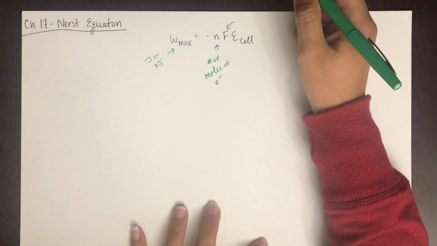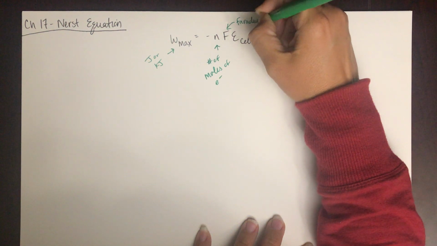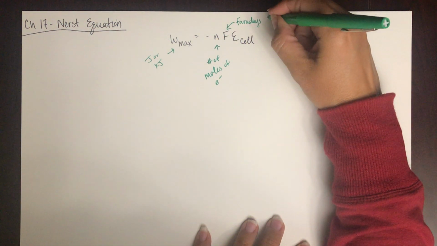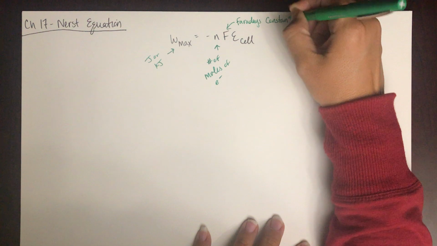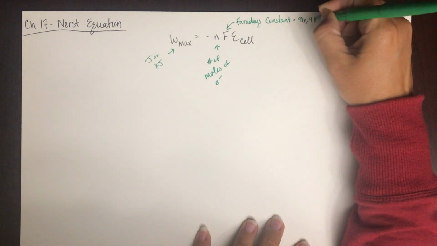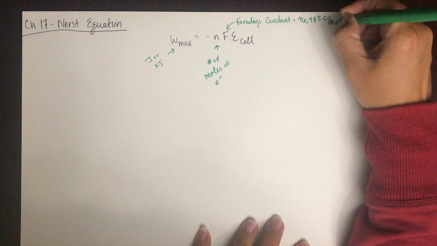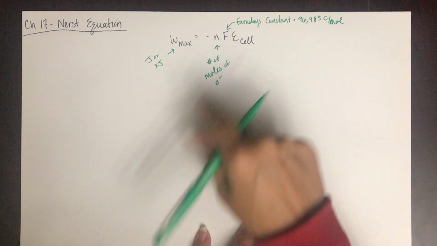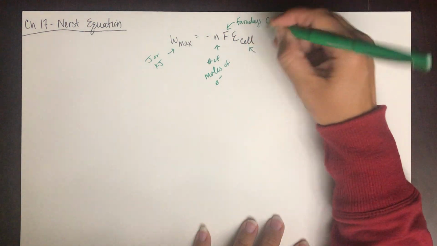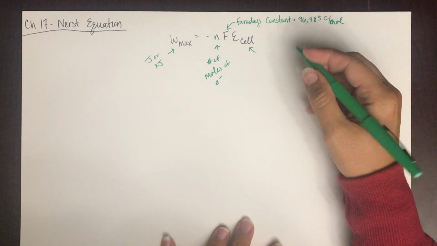F is called Faraday's constant. Faraday's constant is 96,485 coulombs per mole of electrons. And E cell is what's called the cell potential.